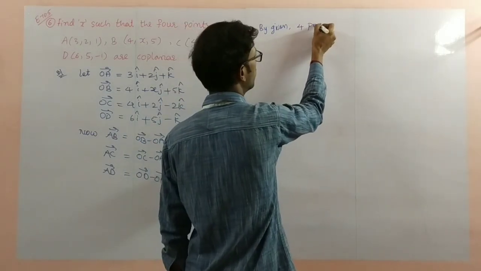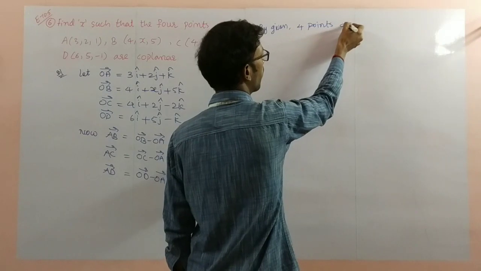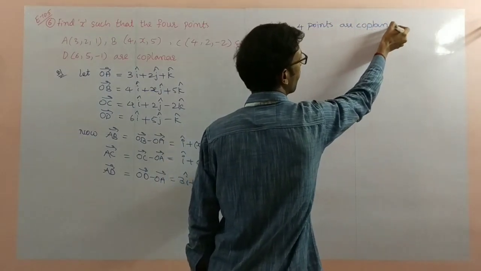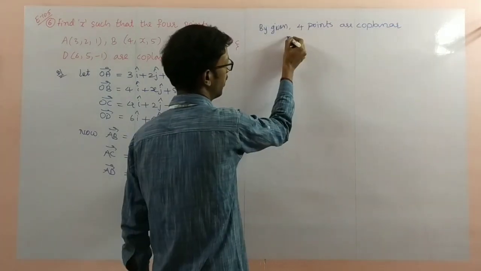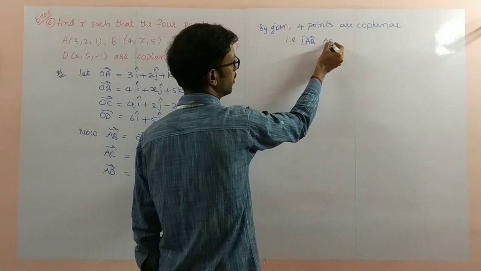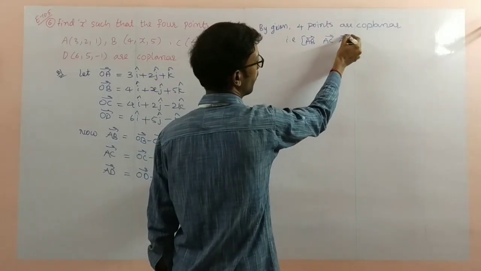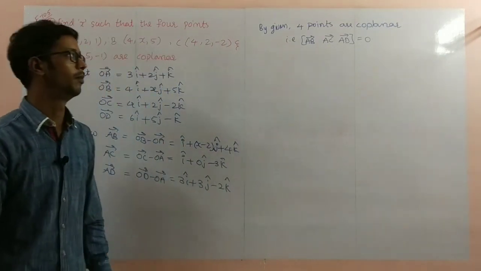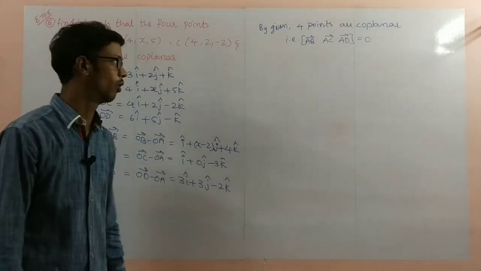So now by given, the 4 points are coplanar. That is, box of AB bar, AC bar, AD bar equal to 0.